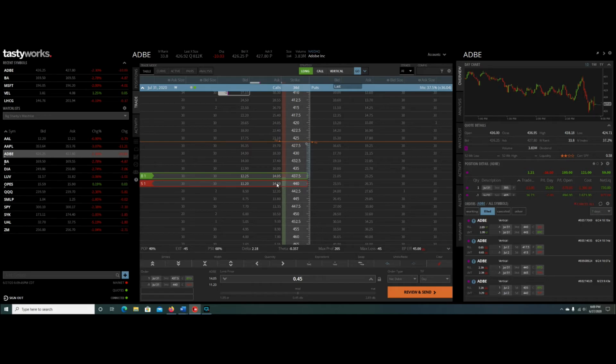So the trade-off is if Adobe, for whatever reason, went to 460 and you had the spread on, you're still only going to make 205 max profit. But if you purchase this naked option and it went to 460, your break even was just about 450. So you would then make $1,000 on that position. But, I don't advise that.